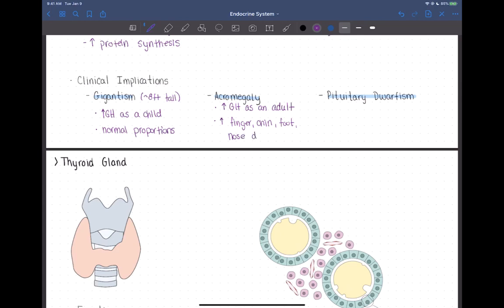All right, because those regions will have bone deposited kind of on the sides, right? Not giving it more length, but it'll increase the width. All right, and so that is acromegaly.